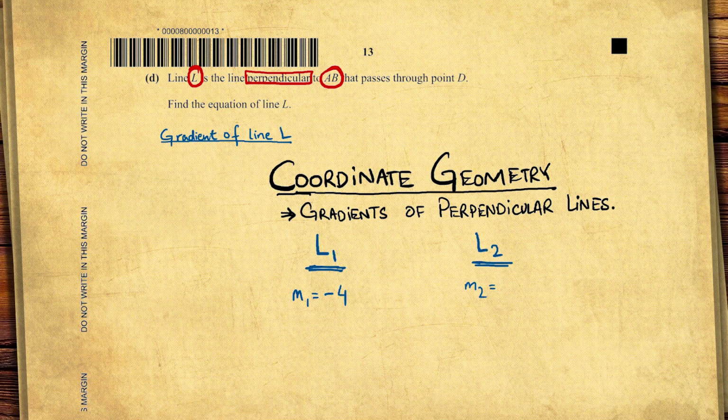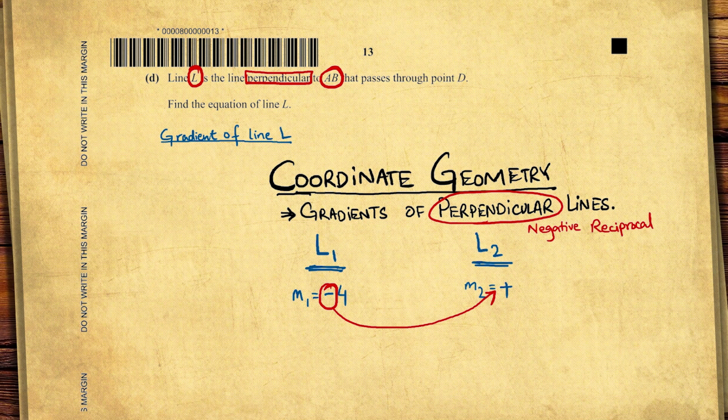We should know that the gradients of perpendicular lines are negative reciprocals of each other. Now what that means is that if one line has a negative gradient, the other line perpendicular to it will have a positive gradient. So the gradient of line L2 will be positive. And reciprocal means if the gradient of one line is 4, the gradient of the other line will be the reciprocal of it, that is 1/4.